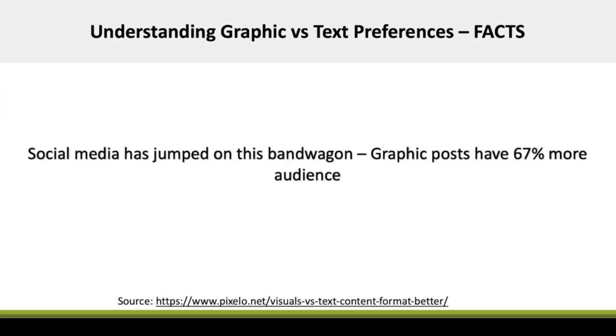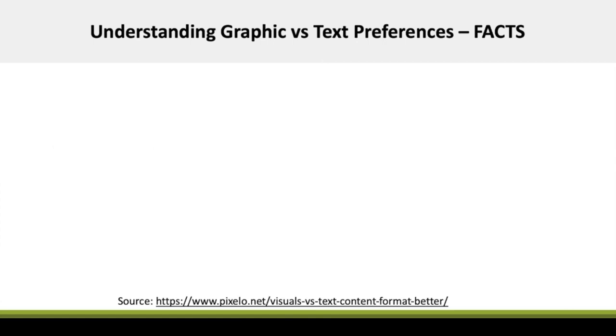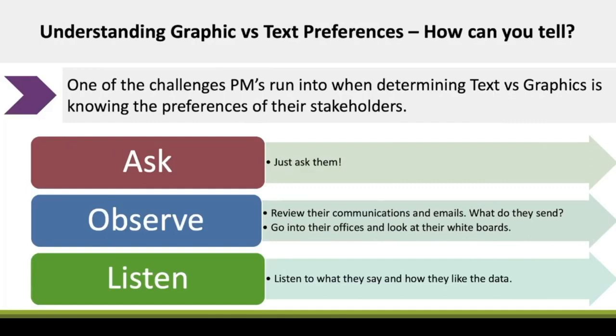Social media has jumped on this bandwagon. Graphic posts have 67% more audience. Okay? So graphics make a huge difference, and they will make a huge difference for the graphics-oriented people. But the text people are going to want the data. You have to know that, right?